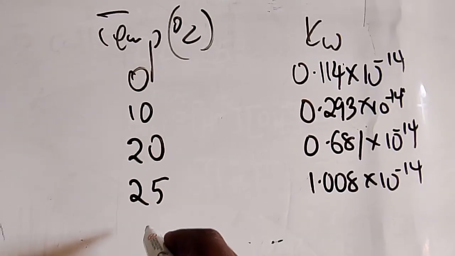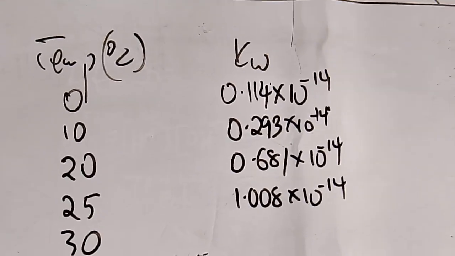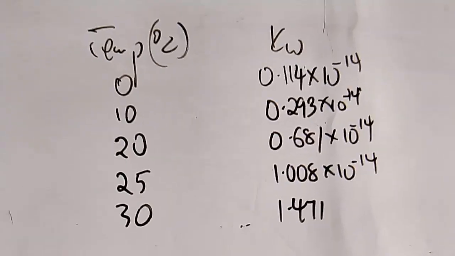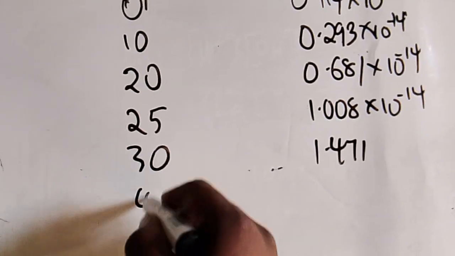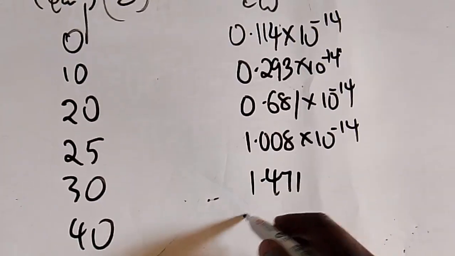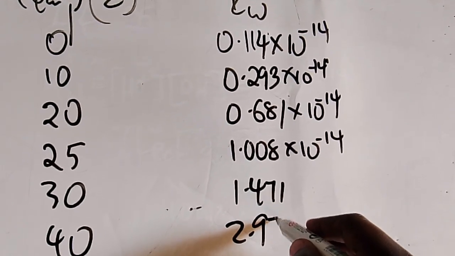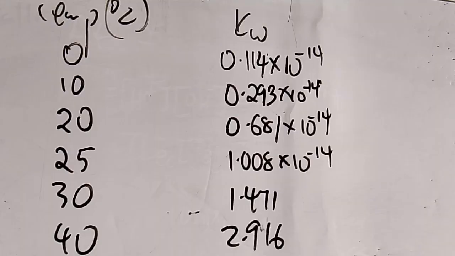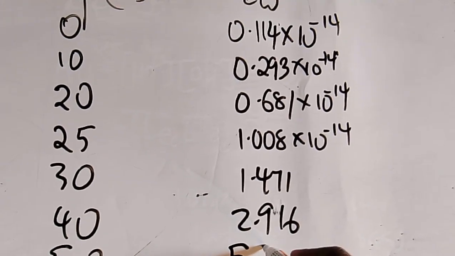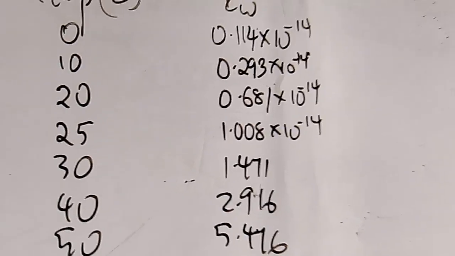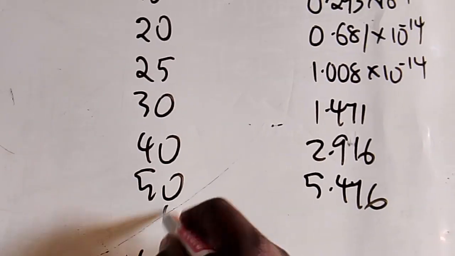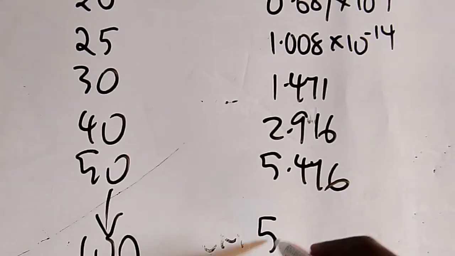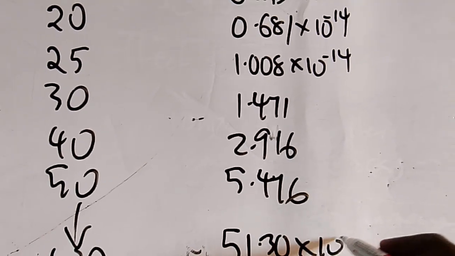At 30 it's 1.471, then 40 is 2.916, then 50 is 5.476, all the way up to 100, where it is somewhere around 51.30.